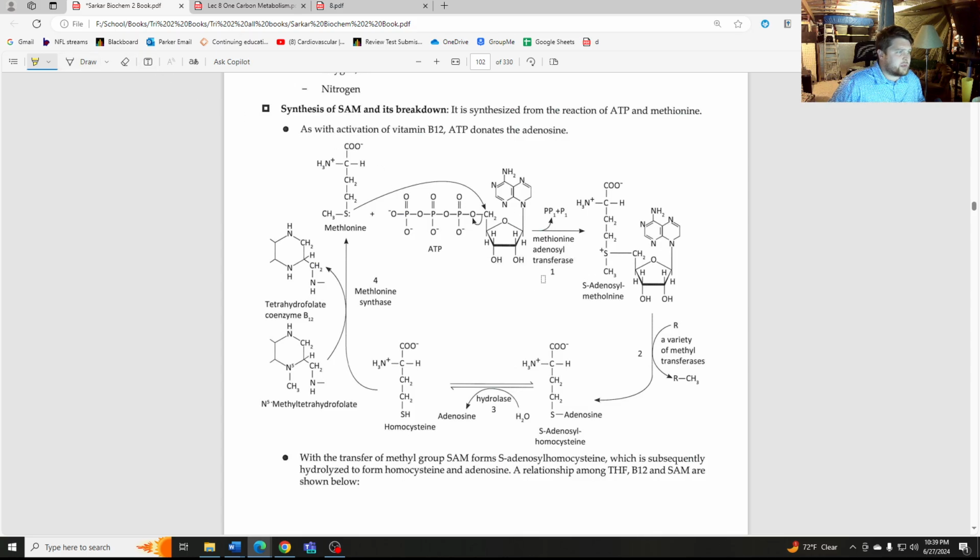We have some enzymes going on here. We get the S-adenosyl methionine and different methyl transferases to give us S-adenosyl homocysteine, to homocysteine, methyl tetrahydrofolate, and it goes all throughout this little loop.